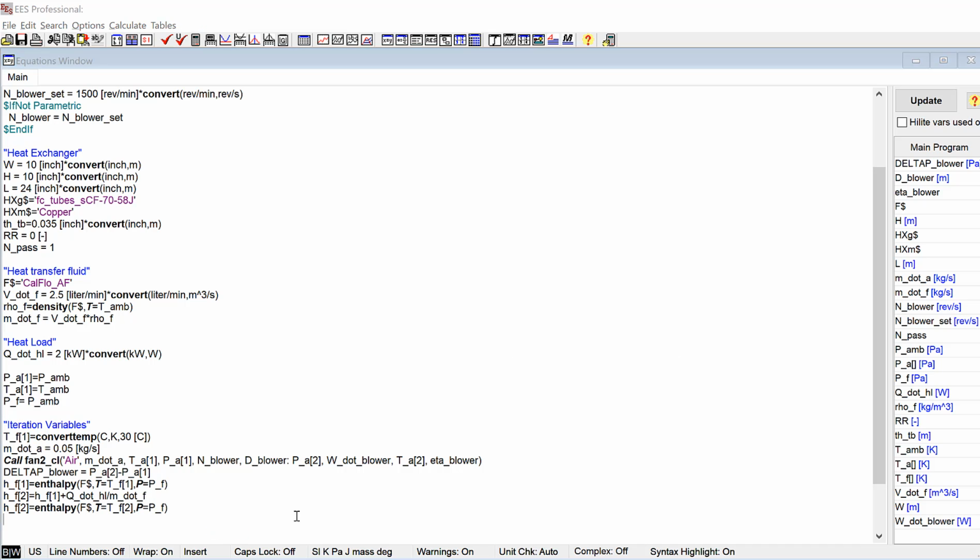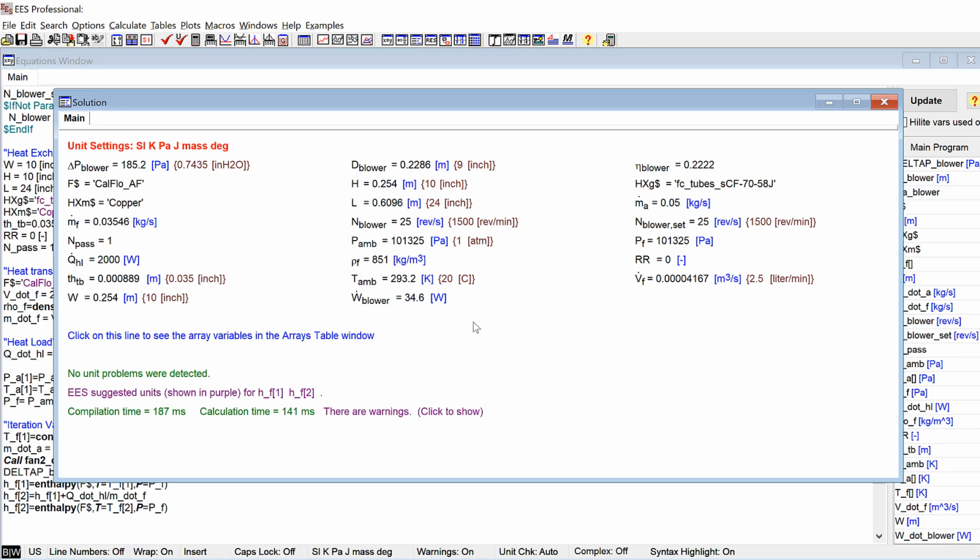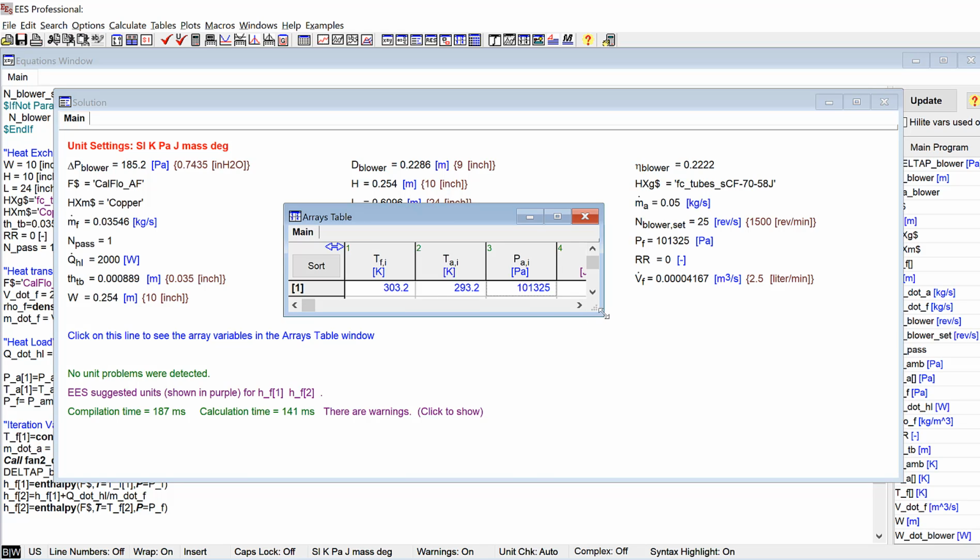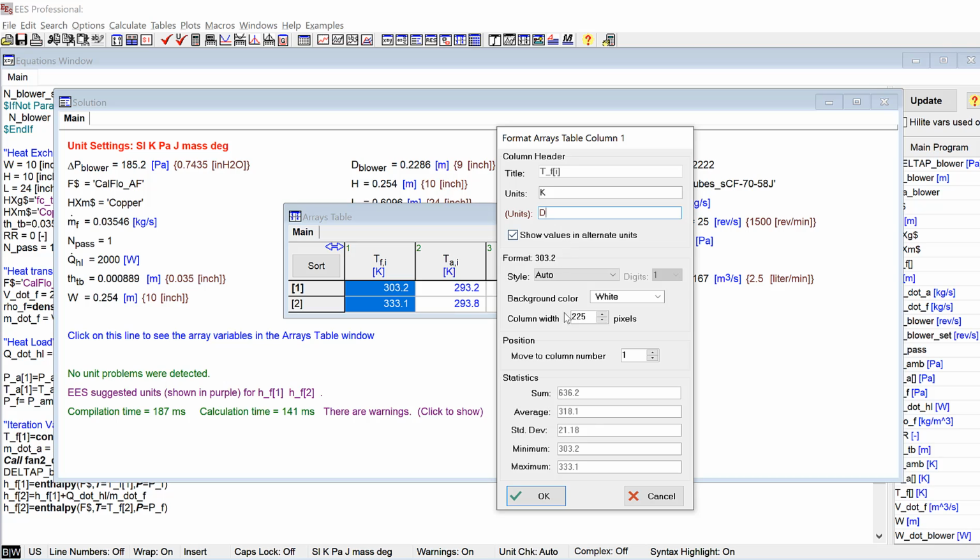So hopefully if I solve this now, I will get, let's go to the arrays window. Yeah, this is the enthalpy, and then this is the temperature. So the temperature went up. Let's give it some alternate units.